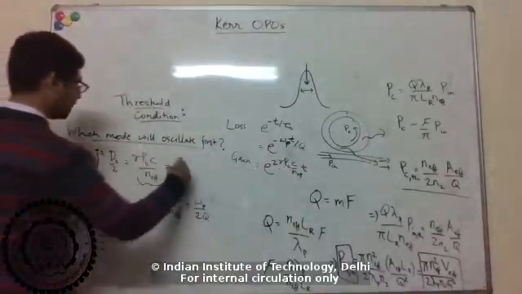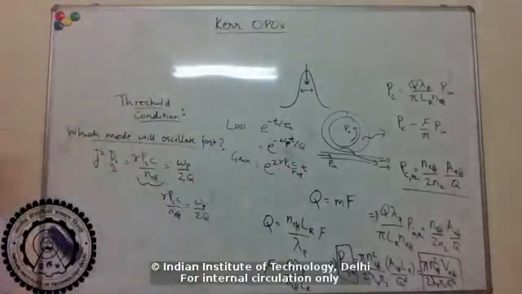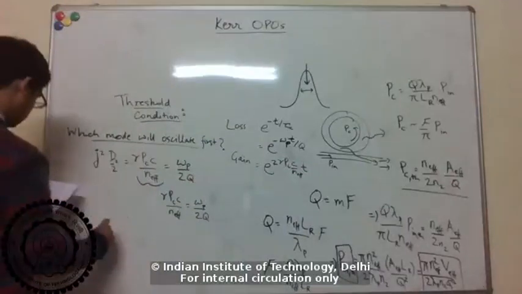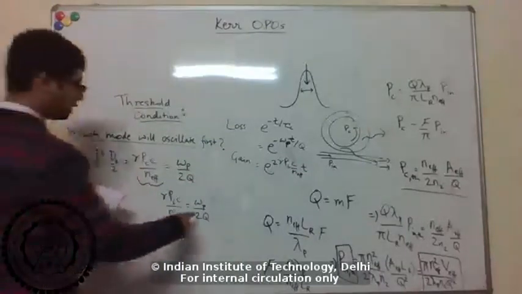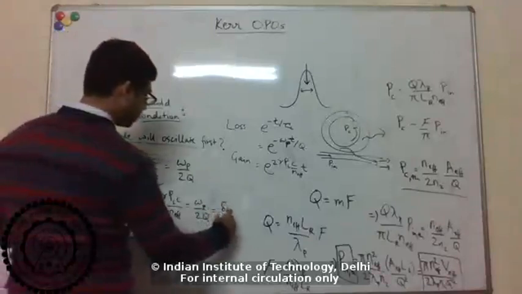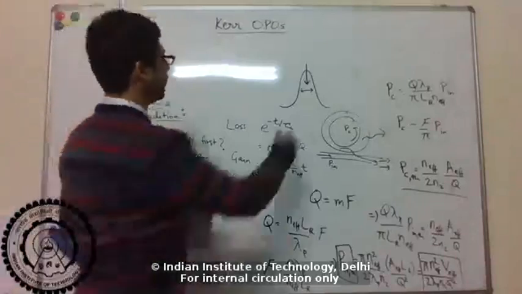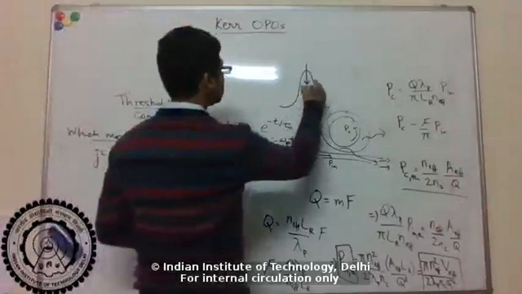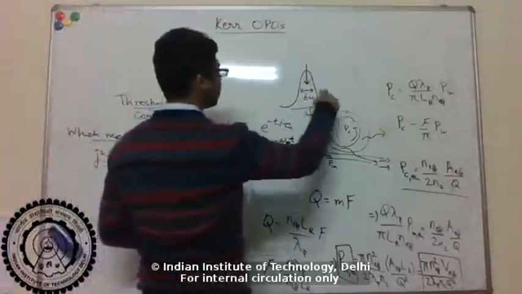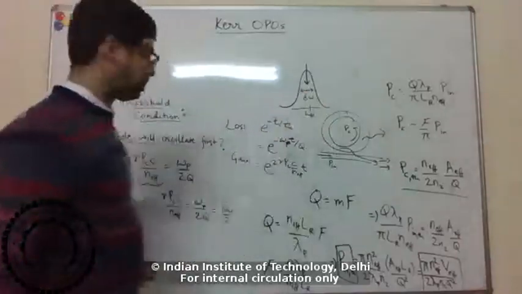So I can replace the right hand side by omega p over 2Q. And this omega over 2Q is also the line width. We call omega over Q the line width here, delta omega, and the center frequency is omega p. So omega p over delta omega is Q. So omega over Q is delta omega, the line width.